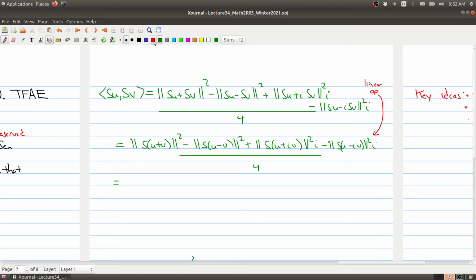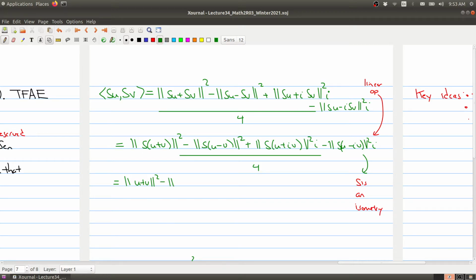And now, remember, isometry means that the norm of this vector is just the norm of the vector U plus V. So because S is an isometry, I can remove the S's and go to the next step.